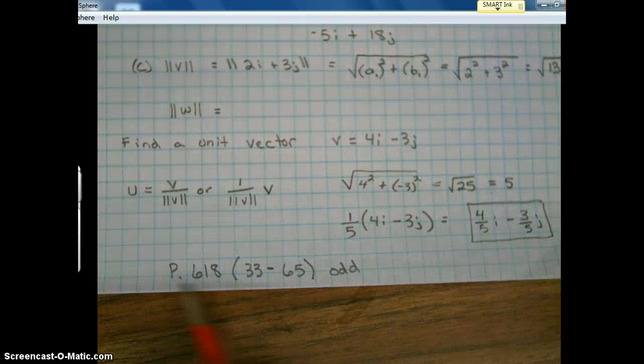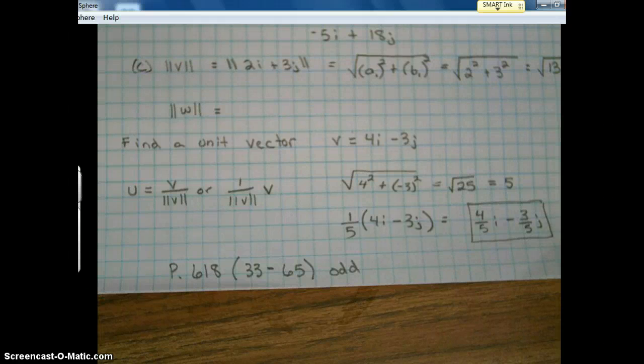Okay, this is going to be the assignment. Now I have some more notes here that I want to give you, but what I'm going to ask you to do is a little college-like. If you will go to your textbook and read example 6. Example 6 says writing a vector from its magnitude and direction, when you know the magnitude and direction, writing a vector.